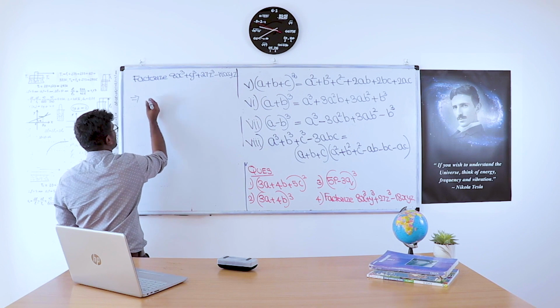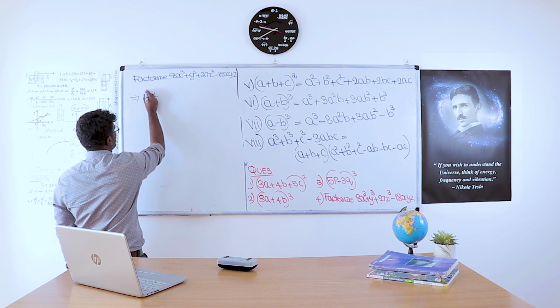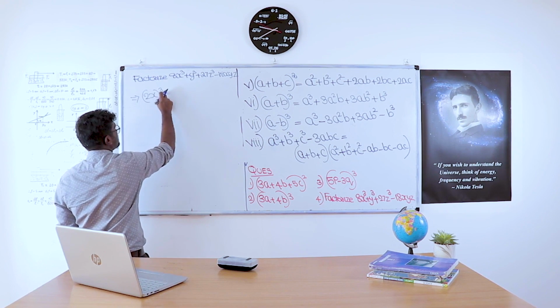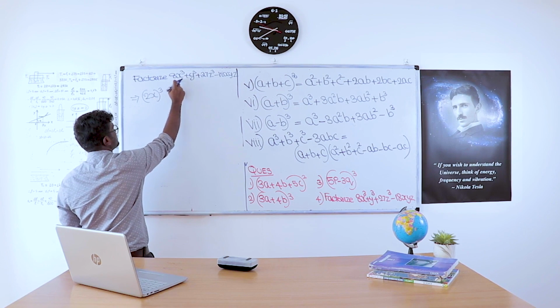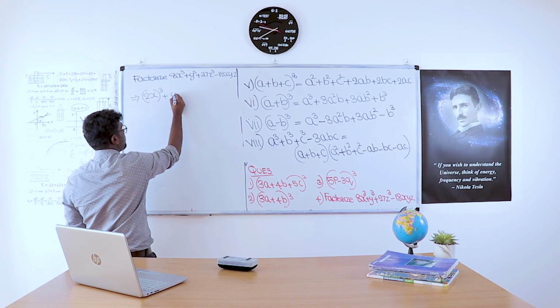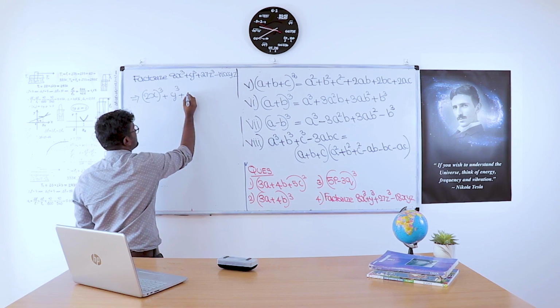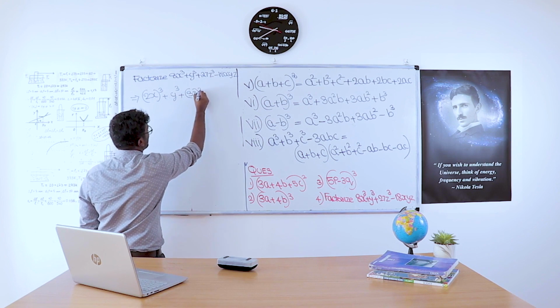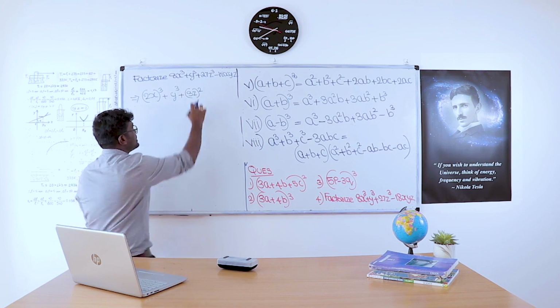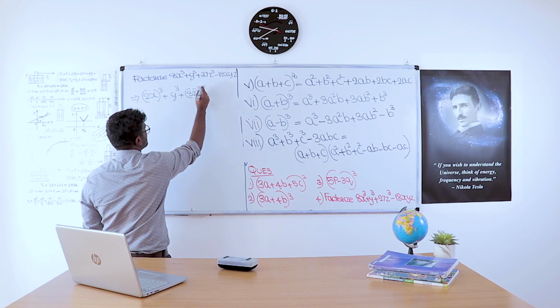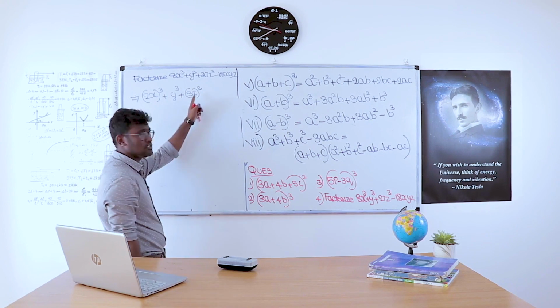We can write 8x cube in the format (2x) the whole cube, right? That is 2 cube is 8, x cube is x cube. So 8x cube plus y cube, plus what about 27? 27 is (3z) the whole cube, because 3 cube is 27, z cube is z cube.